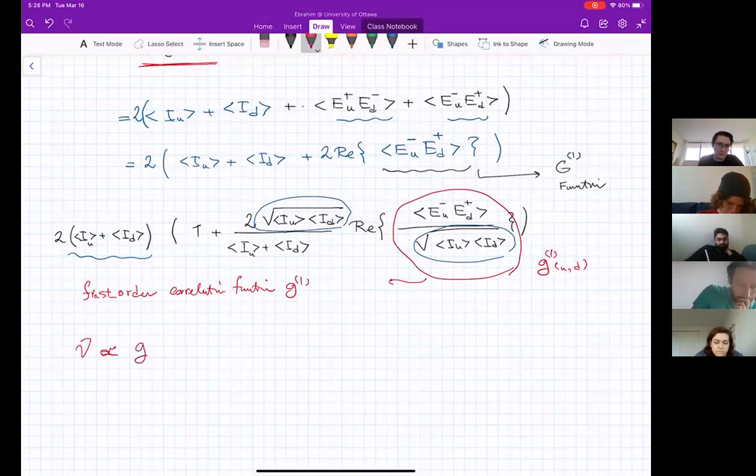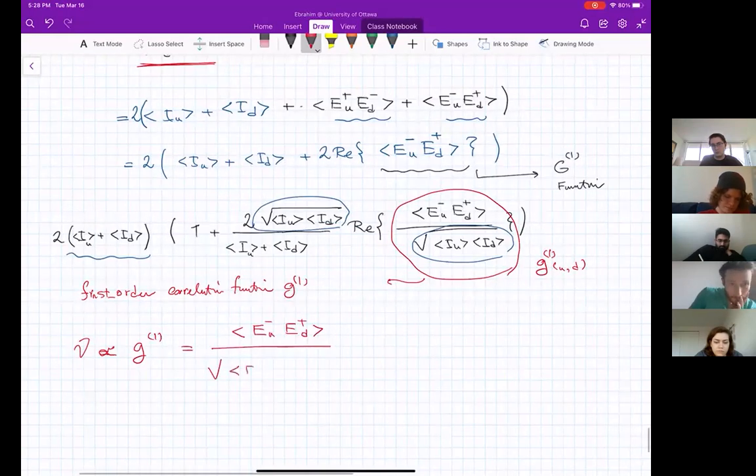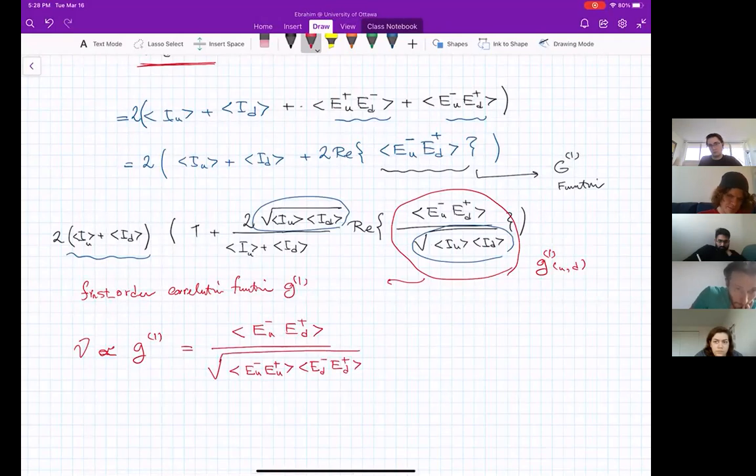Visibility is proportional to the G1 function, which is given by E_U minus E_plus D, divided by the square root of E_U minus E_U plus, E_D minus E_D plus. Okay? That's the relation.